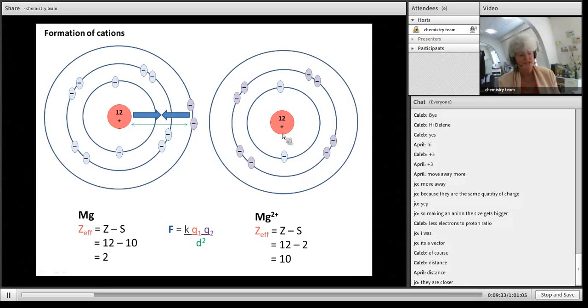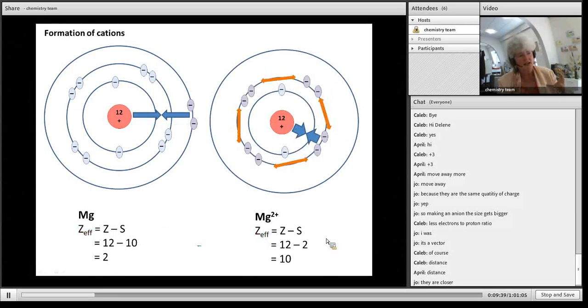So your distance has decreased because of that. And as I say, it can now pull in even more because of that stronger attraction with less shielding. Can you see Zeff has changed from 2 to 10? So it's a much stronger force of attraction. Okay, and it'll pull it in until the repulsion between the electrons stops it from pulling in any more.